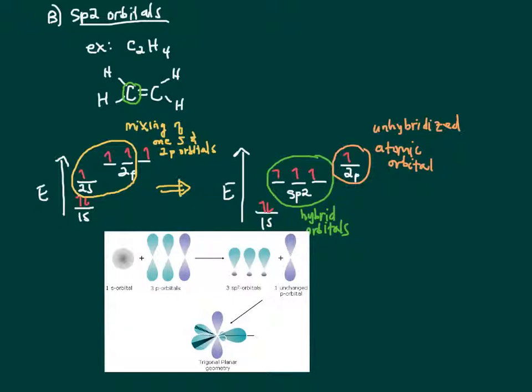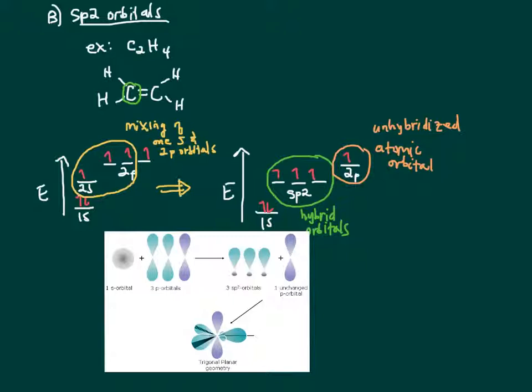And the type of geometry that you're going to get surrounding something like that, for example this carbon right here, you've got 1, 2, 3 electron domains. We'll talk about this being your double bond, and this being the single bond right here. You'll get a trigonal planar geometry associated with sp2 hybrid orbitals.